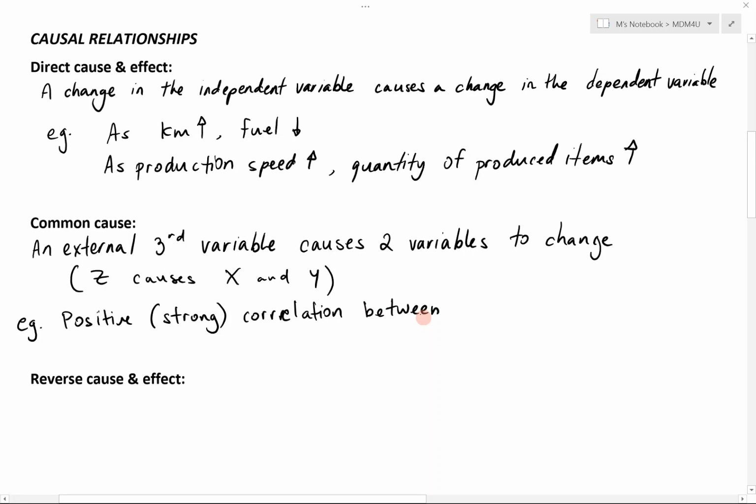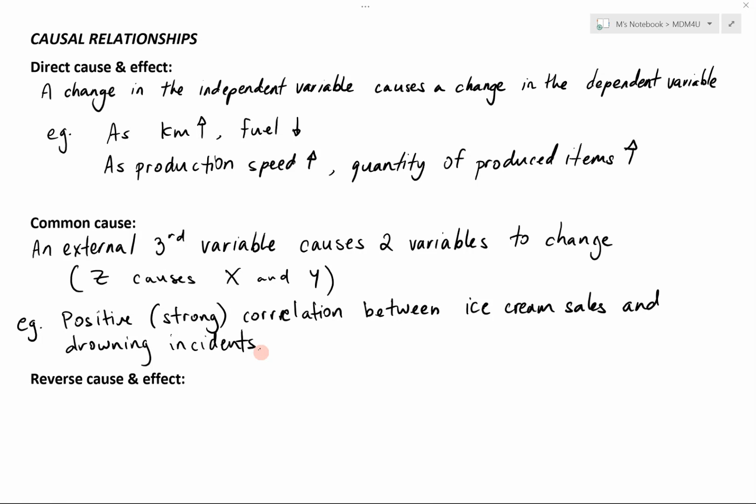Let's say ice cream sales, and let's say drowning incidents. But you might wonder, there doesn't seem to be any causal effect between ice cream sales and drowning incidents. If you say, well, the more ice cream sales you have, the more drowning incidents you have, how does that work? How does ice cream cause drowning?